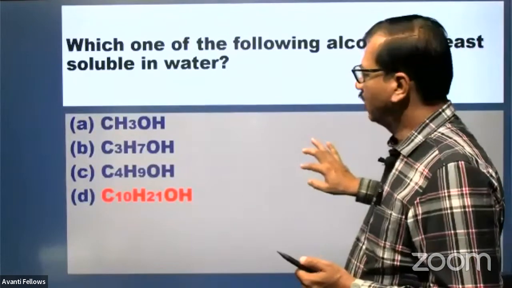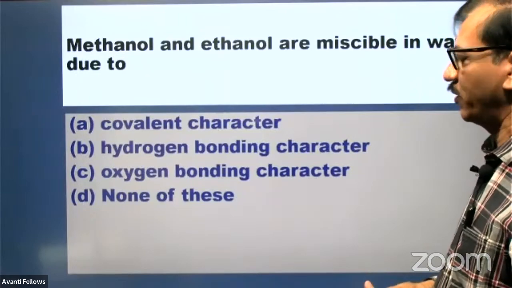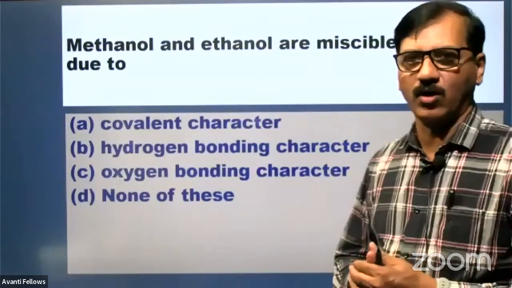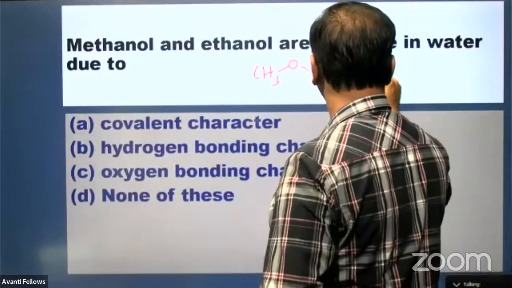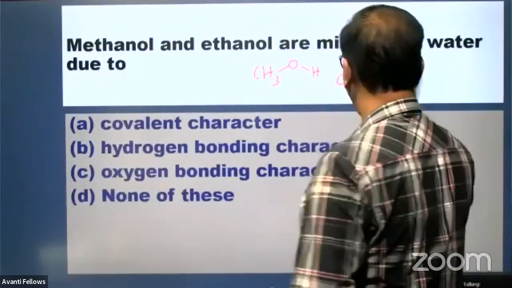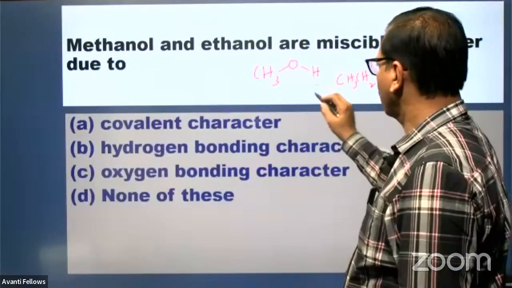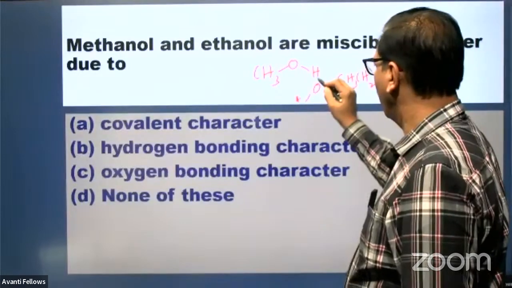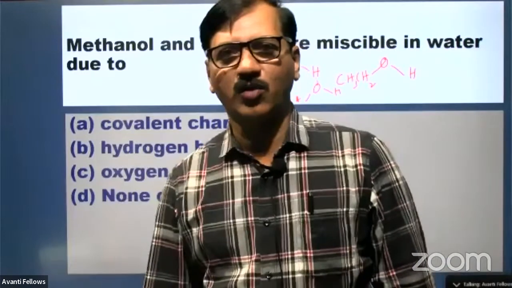Methanol and ethanol are miscible in water due to hydrogen bonding. B, sir. Yes, both methanol and ethanol are having hydrogen bonding, so the oxygen of the water gets attracted and does hydrogen bonding with it.